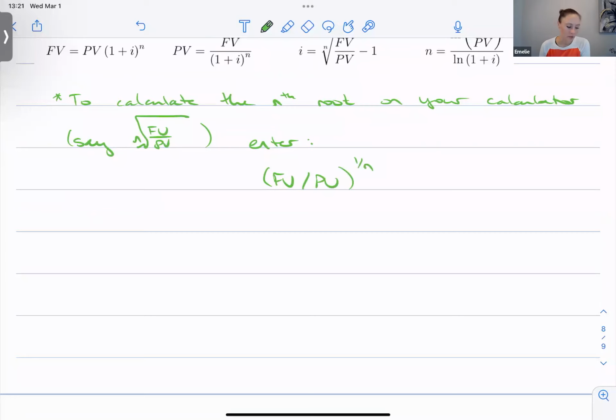So you're going to take 1 over n as the power.